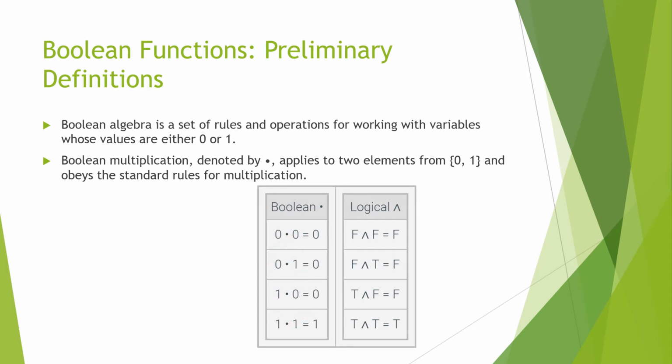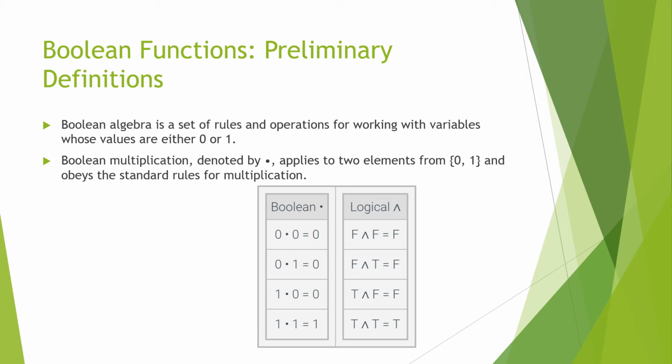And you can map Boolean multiplication to a logical conjunction. How? If you assume that 0 corresponds to false, 1 corresponds to true, and the dot or Boolean multiplication corresponds to conjunction, then you can have the same operation in logical conjunction.